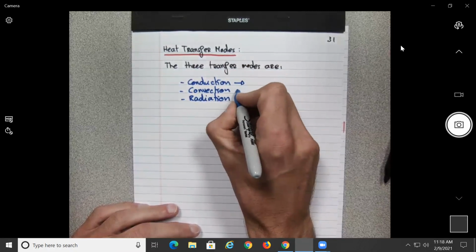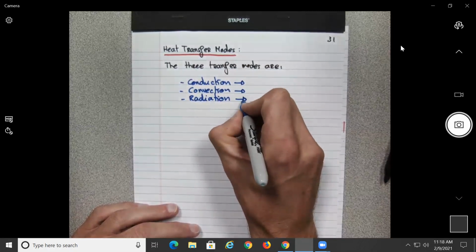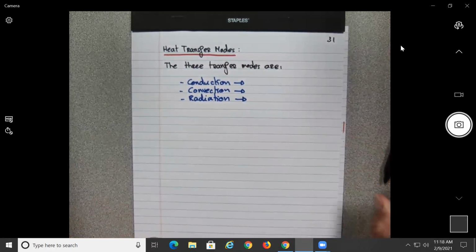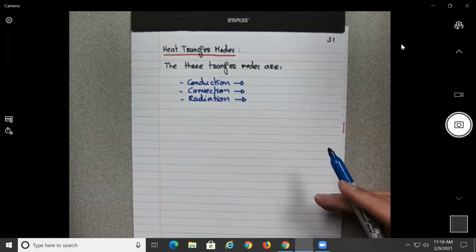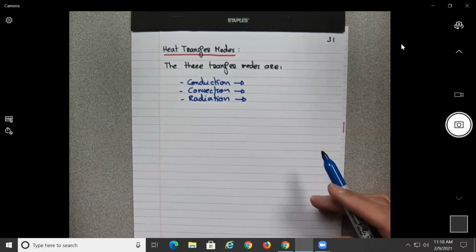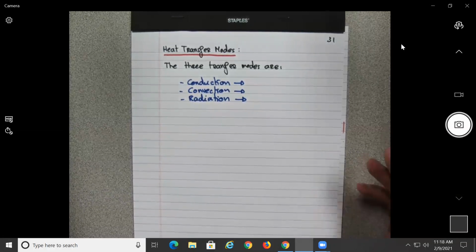And this is something that I think is important. I'll probably mention it, I'm not sure, but is that let's try, instead of thinking more about conduction, convection, and radiation, try to think more about the different mediums, okay?